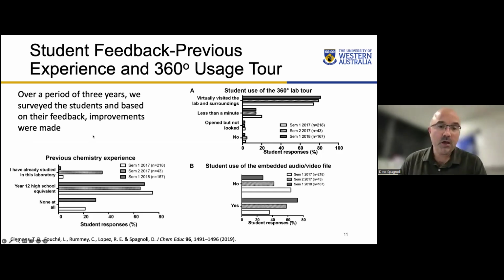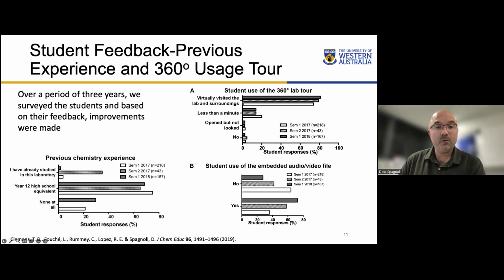And so the types of feedback we got, we surveyed them over 3 different semesters, and we first got a sense of their prior experience, whether or not they were new to chemistry or they had high school chemistry experience. And so we had these types of tours in all our first year chemistry labs.